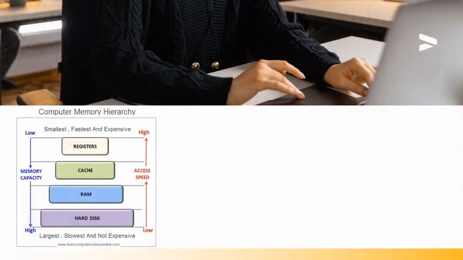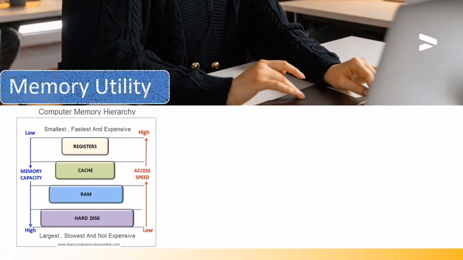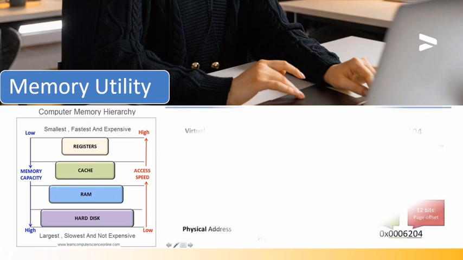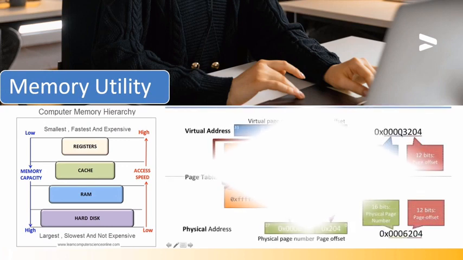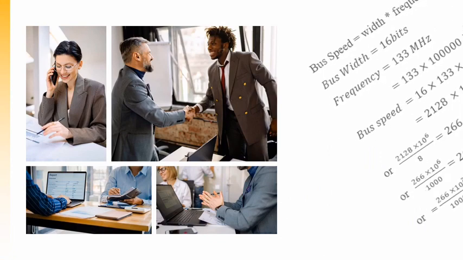Okay, now in terms of hierarchy, registers happen to be the smallest storage medium, followed by the cache, which is bigger, then RAM, and then the hard drive. So that is how they occur in ascending order.